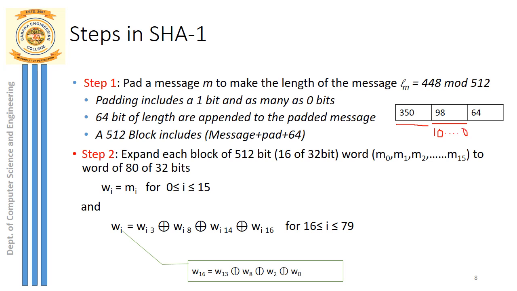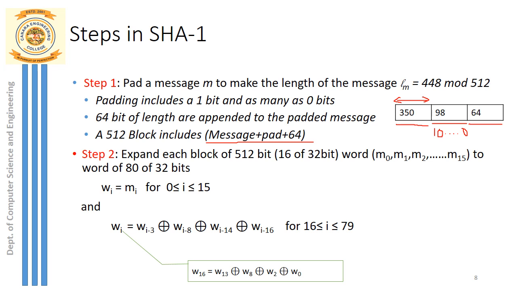The remaining 64 bits are nothing but the length of the message, whatever we have here, 350, represented by using 64 bits. So in total it becomes 512 bits. So we can say that a 512-bit block contains the actual message plus padding plus 64 bits to represent the length of the message.